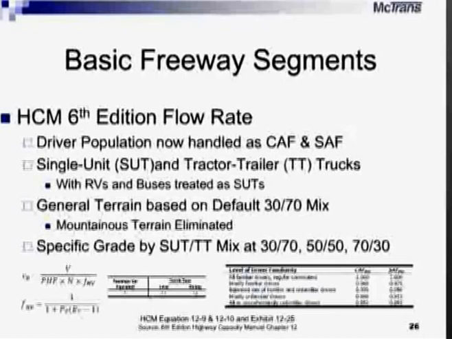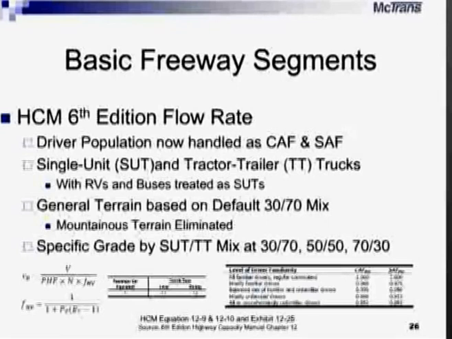It used to be that a flow rate was adjusted by dividing by 0.85 up to 1, somewhere in that range, to up the flow rate. They just decided to adjust capacity instead. And you see it's essentially the same range, 0.85 to 1, with a little description of where you might fall in that range, depending on the mix of drivers out there.